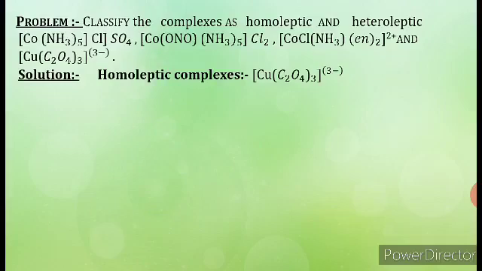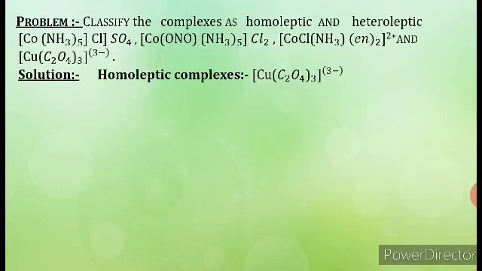Again I am repeating, trioxalatocobalt(III) ion. What will be the formula? Co, C2O4 thrice, square bracket close, and its power is 3 minus. Have you changed it? It should be [Co(C2O4)3]3-.